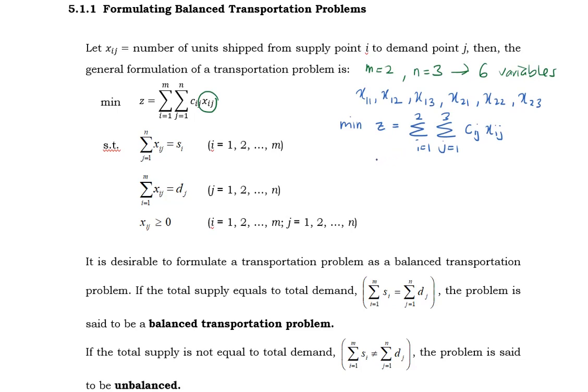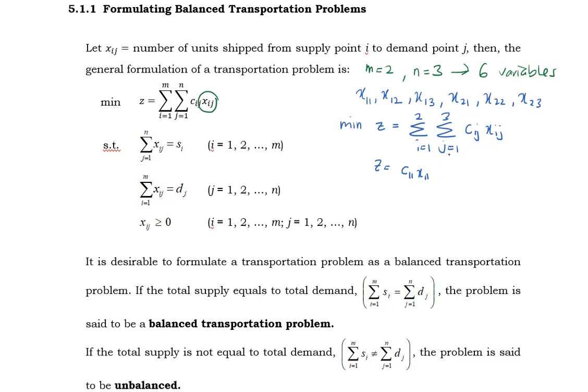Therefore, z equals, we start with i equals 1 and j equals 1, so we have c11 x11. We complete the inner summation.